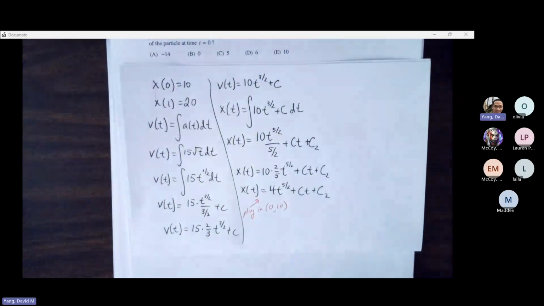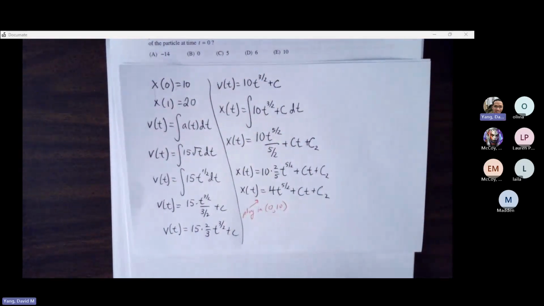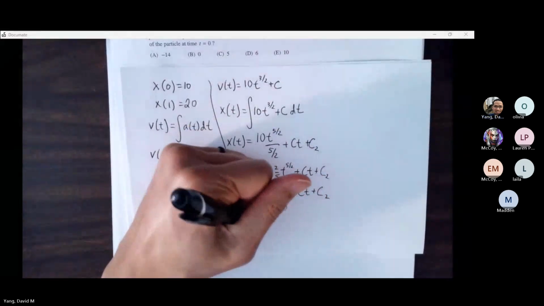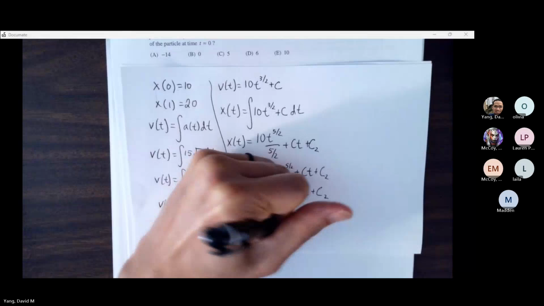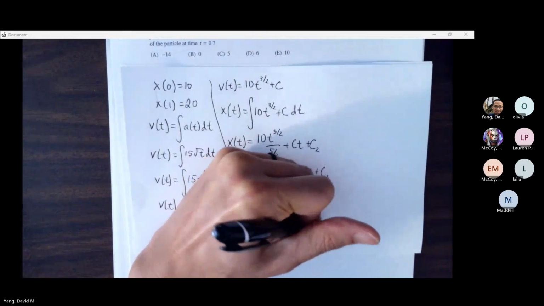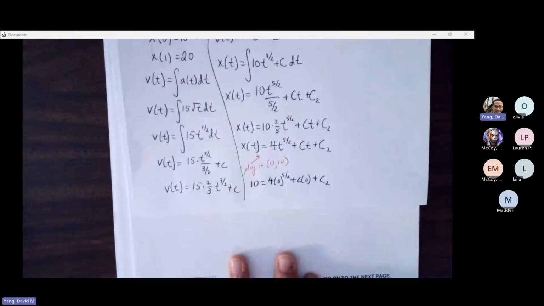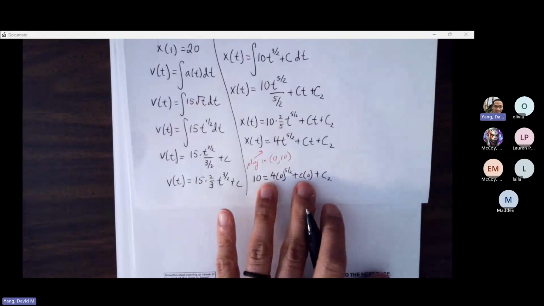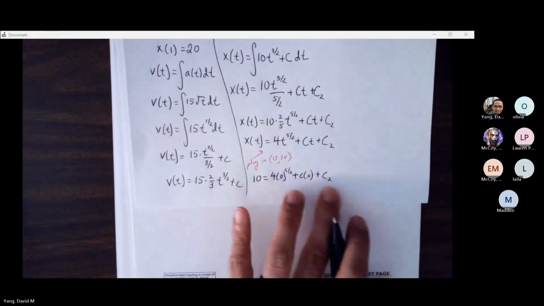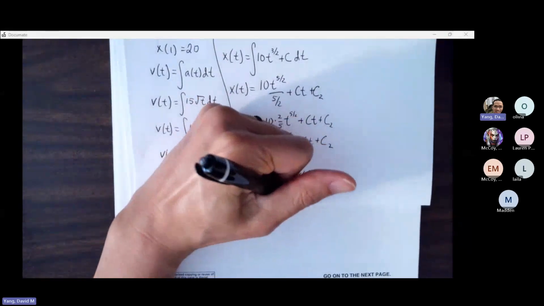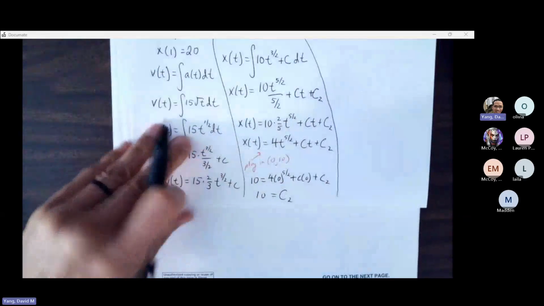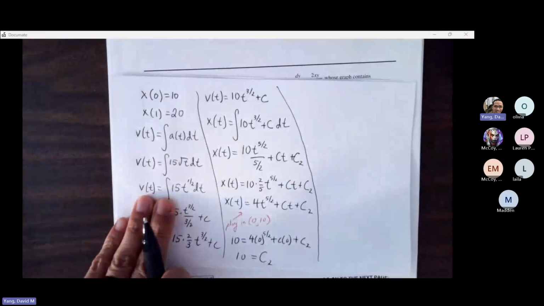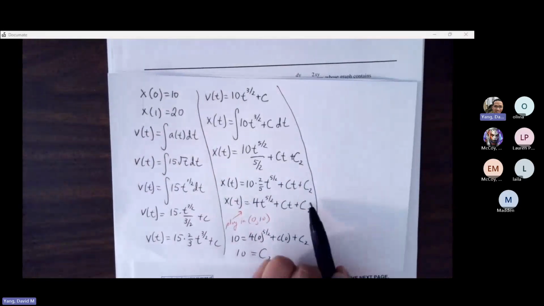So I'll plug in 0 for t and 10 for my position function. All the rest of my terms will zero out, and my c sub 2 is equal to 10. Let me update my position function with what I've just found. I'll plug that 10 in for that c sub 2 of my position function.